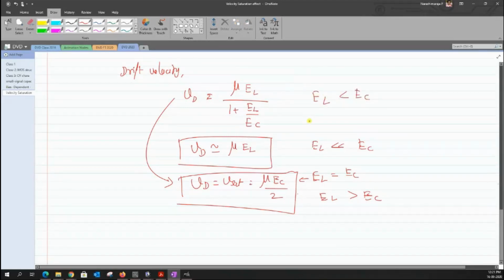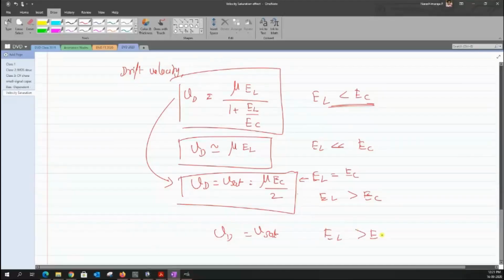So there are two different equations. This expression is valid only when I'm working with an electric field that is less than the critical electric field. But according to the graph, this drift velocity would be equated to Vsat when I have electric field that is greater than the critical electric field. Oh, okay, sir. These are the two different equations.